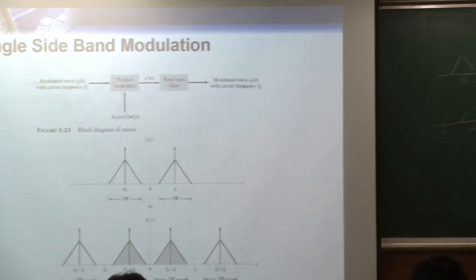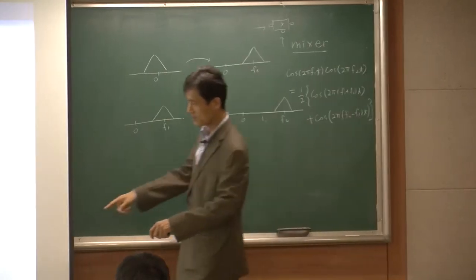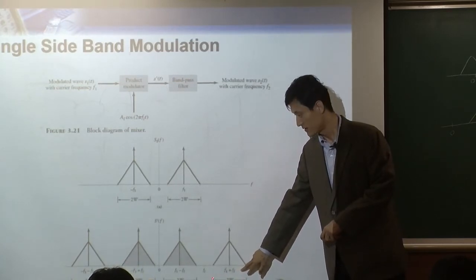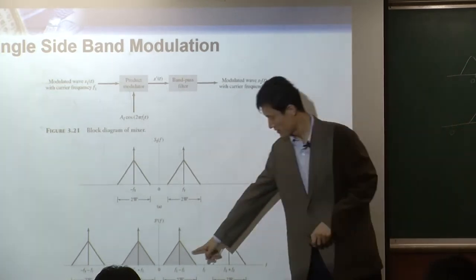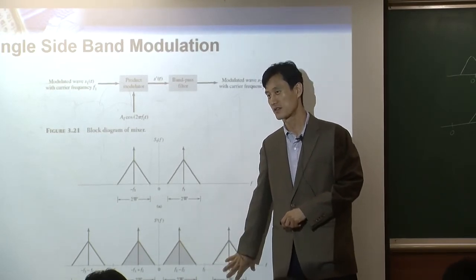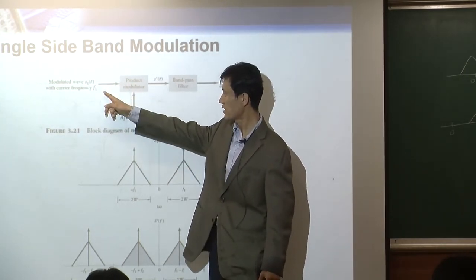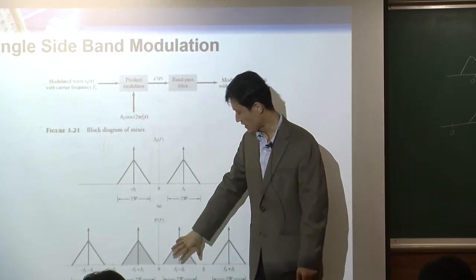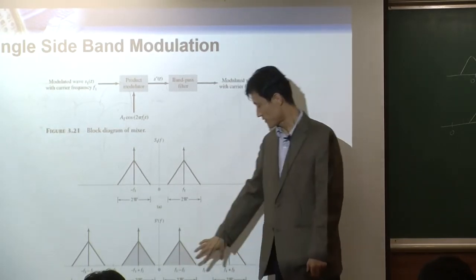You have F1 plus FL here, and this one is F1 minus FL. So you get these two different output frequencies. Why? Because we multiply cosine F1 times cosine FL. Using that identity, it's the same as cosine of F1 plus FL and F1 minus FL, two different frequencies.